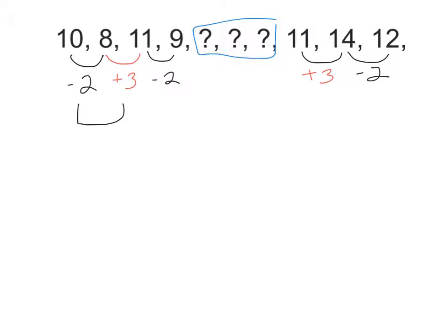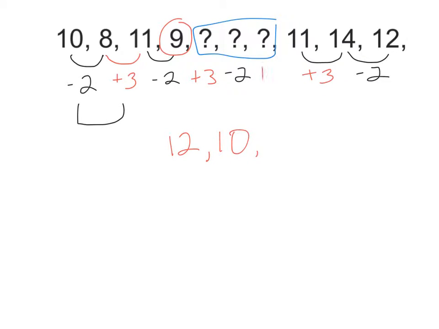So if I start at 9, where we left off, I look at my pattern and say, the last thing we did was subtract by 2. So the next thing I need to do is add 3. 9 plus 3 will give me 12. If I subtract 2 from 12, I'll get 10.